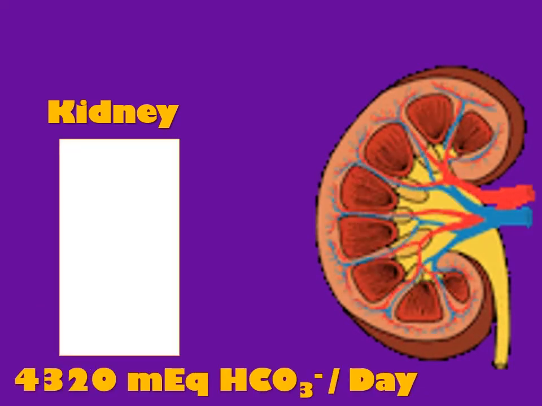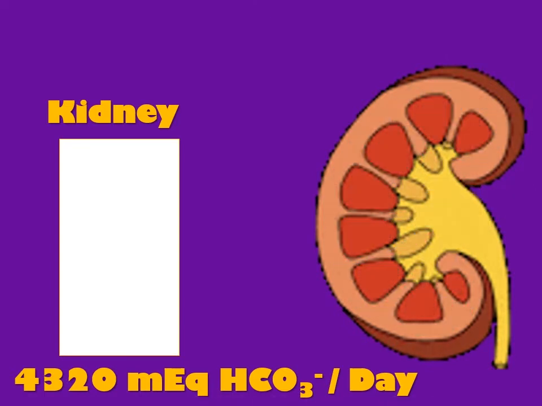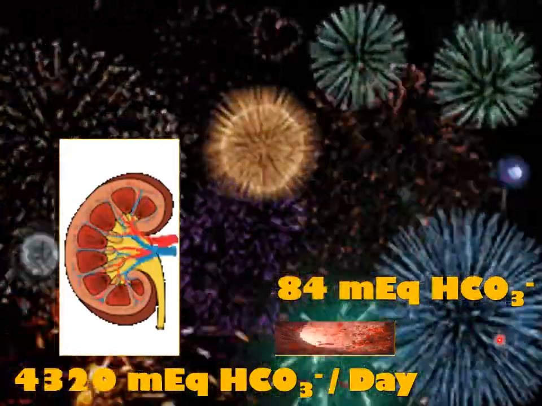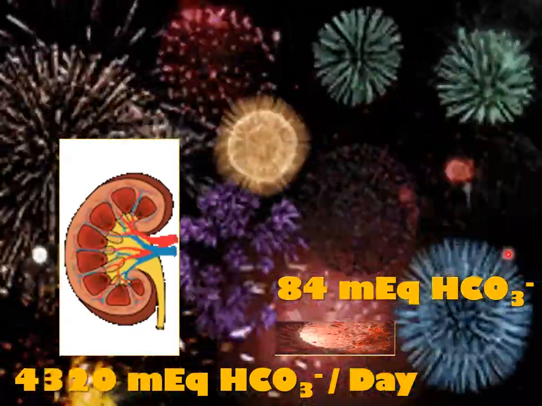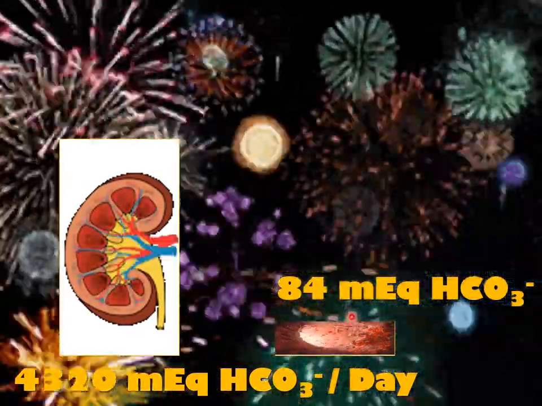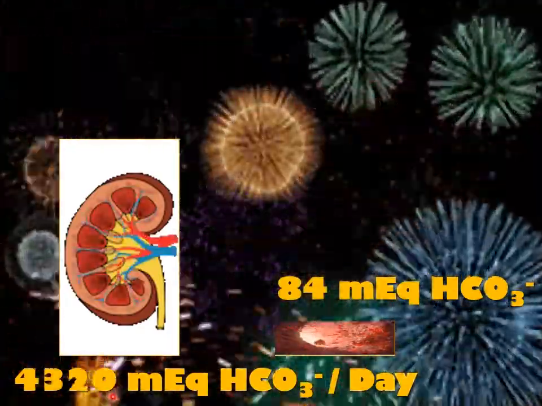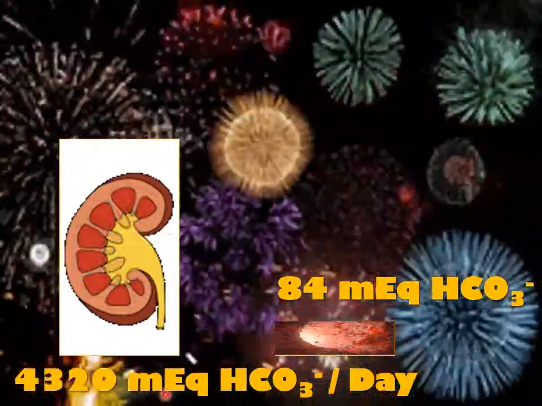And that will give us 4,320 milliequivalents per day of bicarbonate that are filtered in the kidney. A disaster, you see the problem. We only have 84 milliequivalents of bicarbonate in blood, but we filter per day 4,320 milliequivalents of bicarbonate in the kidney.